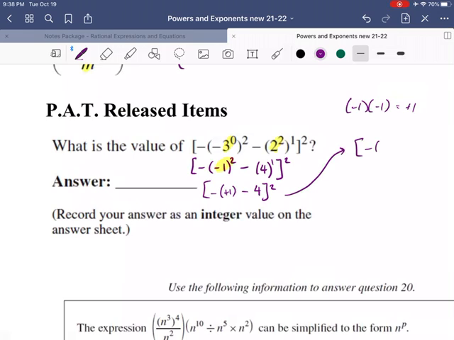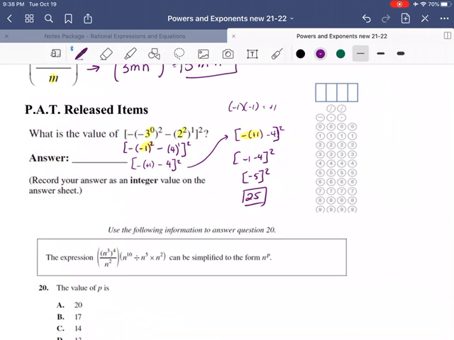I'm going to rewrite it so we're not doing a step out of place. Okay. So then let's apply this negative. So that's going to be negative 1, subtract 4 more is negative 5, and negative 5 squared is positive 25. So you'd fill in 25.